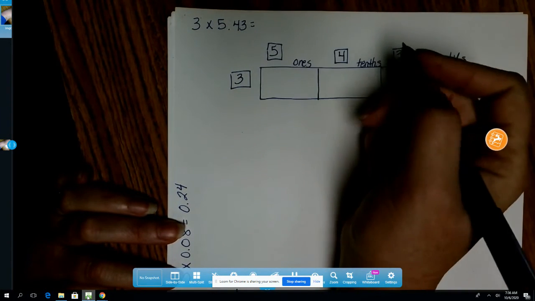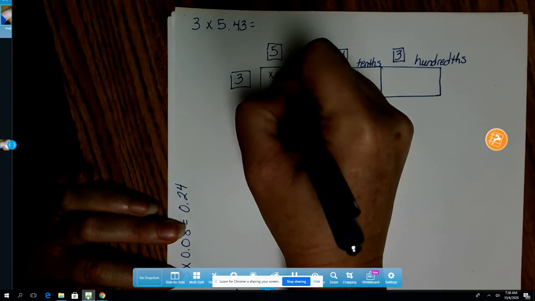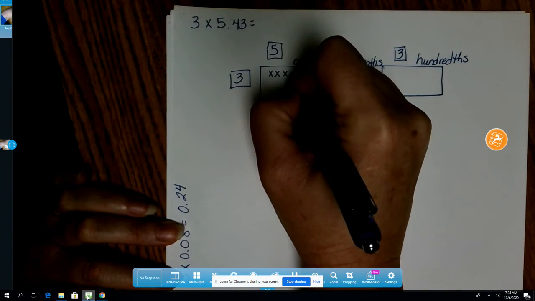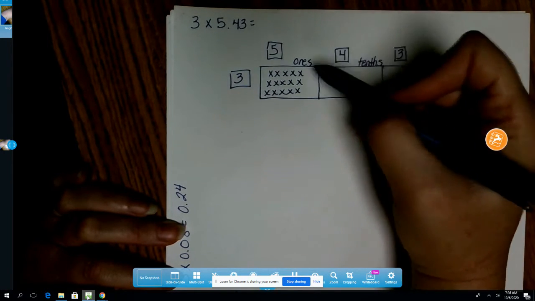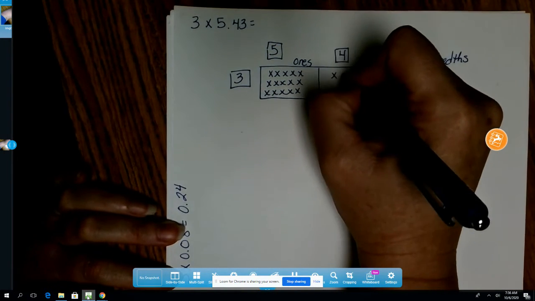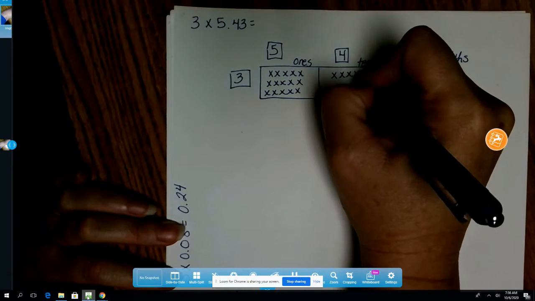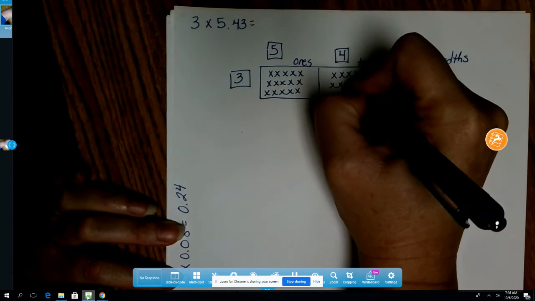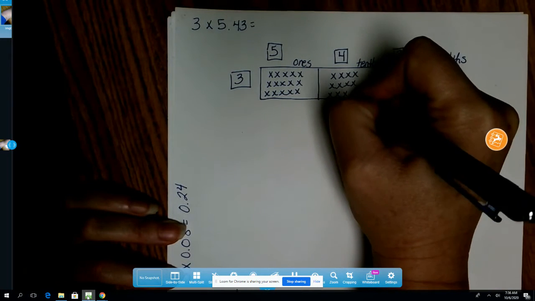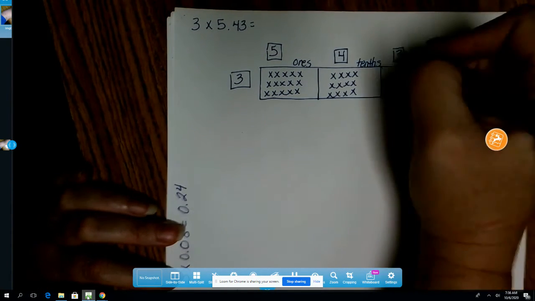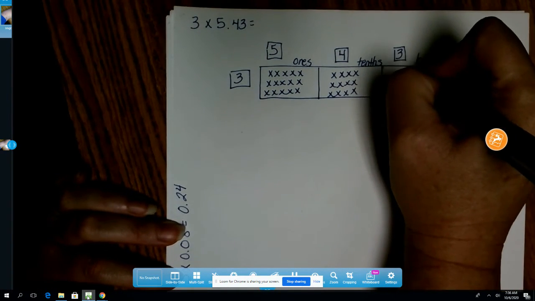So 3 times 5, that's 15. 3 times 4 is 12. And 3 times 3 is 9.